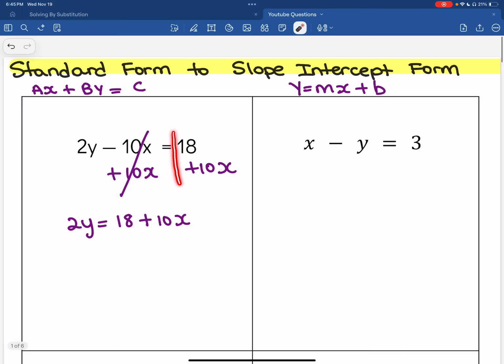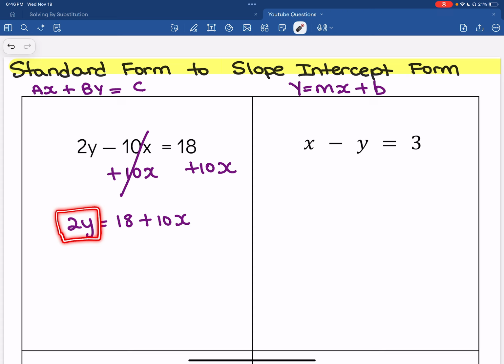Since this 18 and the 10x are not like terms, we can't combine them, right? We can't say that this is 28 or 28x. So we just rewrite them individually. Now we have 2y by itself on the left side.